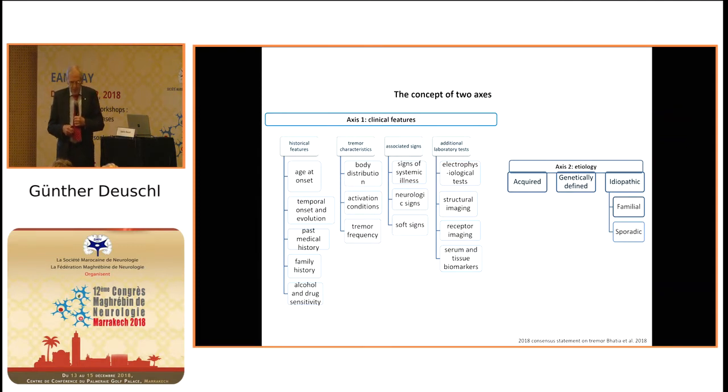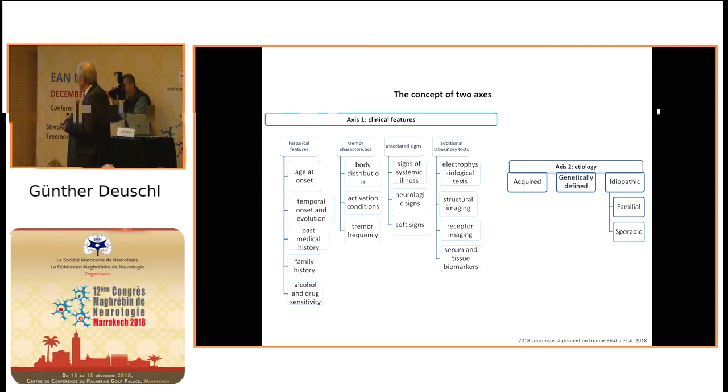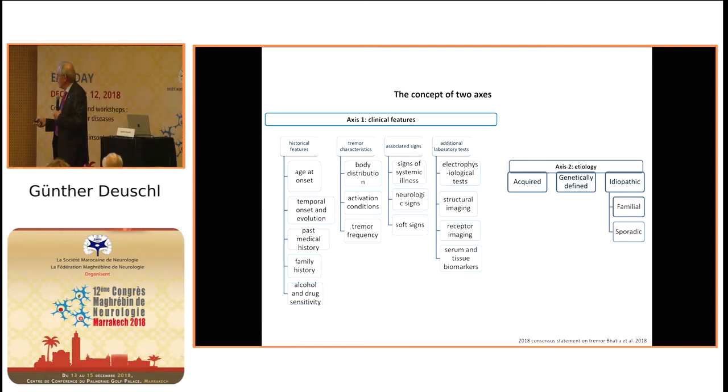I just wanted to start by discussing briefly the philosophy of this new classification. It covers onset and evolution, past medical history, family history, alcohol and drug sensitivity of the tremor syndrome, tremor characteristics, and associated signs. Clear neurologic signs like Parkinsonism or dystonia already belong to axis 2, which is etiology.